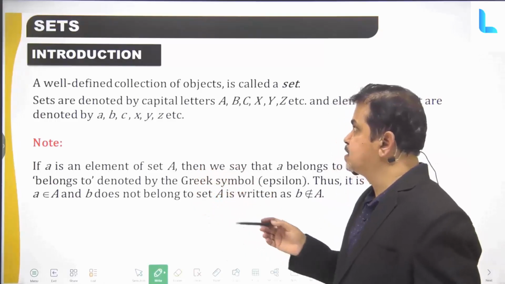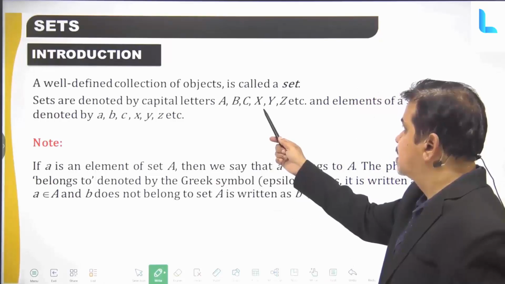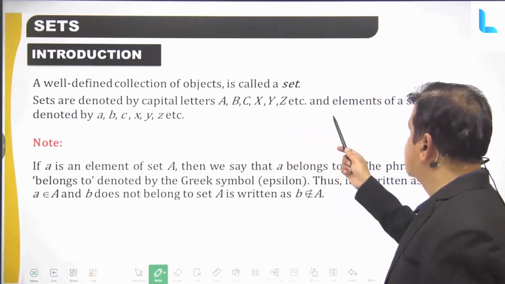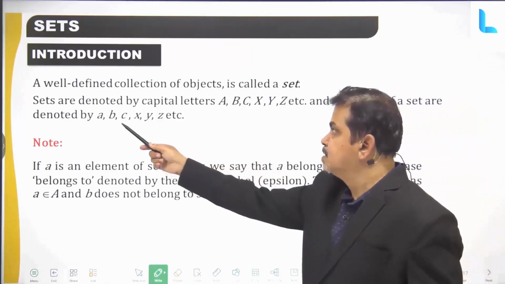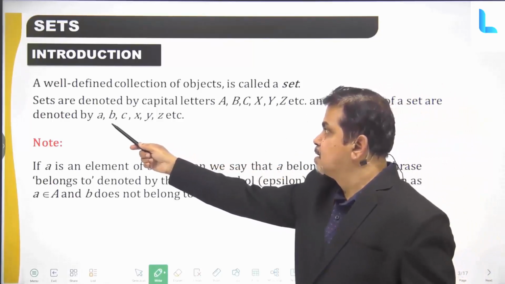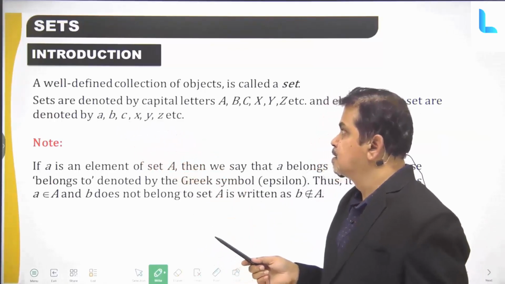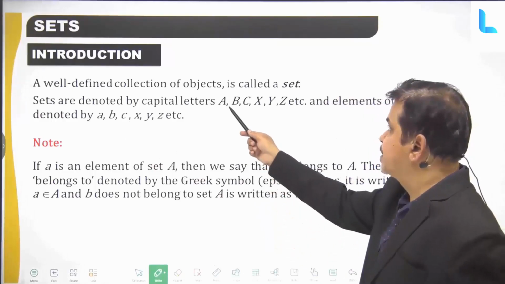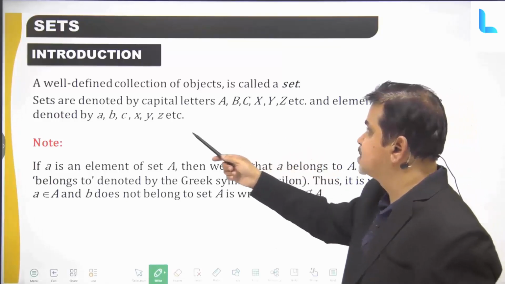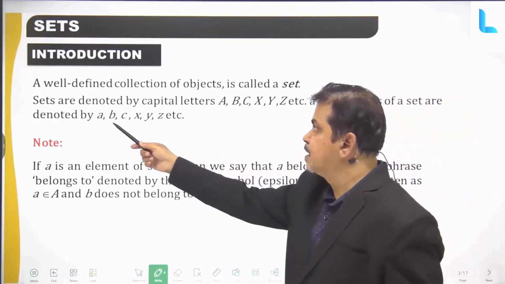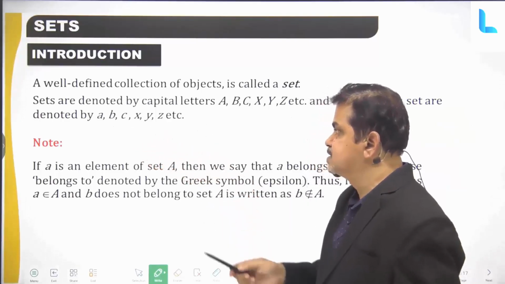Sets are denoted by capital letters A, B, C, and also X, Y, Z, etc. And the elements of a set are denoted by the lowercase letters of the same alphabets, like a, b, c, x, y, z, etc.